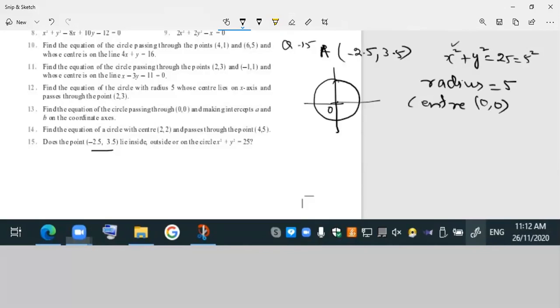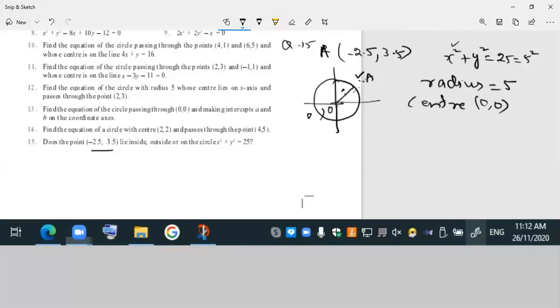If the distance of this point from the center is more than the radius, it will lie outside the circle. If the distance from O to A is less than the radius, it will lie inside the circle. If the distance OA is equal to the radius, then it will lie on the circle.